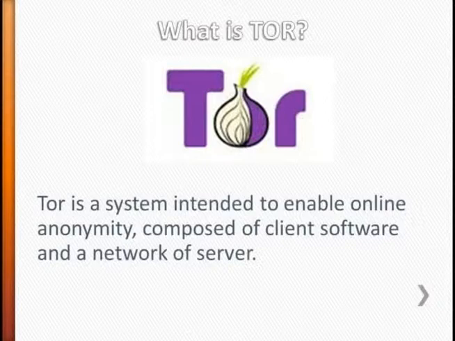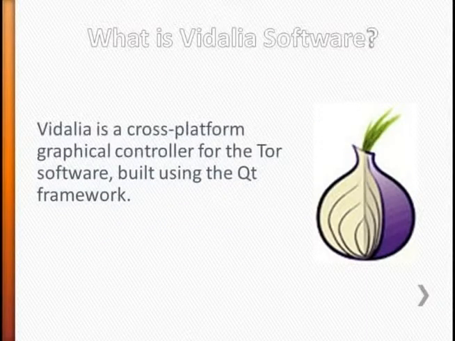TOR is a network of virtual tunnels that allows people and groups to improve their privacy and security on the internet. It also enables software developers to create new communication tools with built-in privacy features. TOR provides the foundation for a range of applications that allow organizations and individuals to share information over public networks without compromising their privacy.